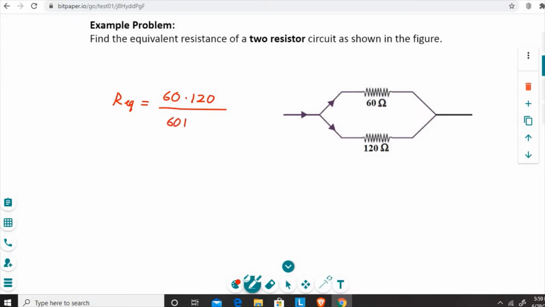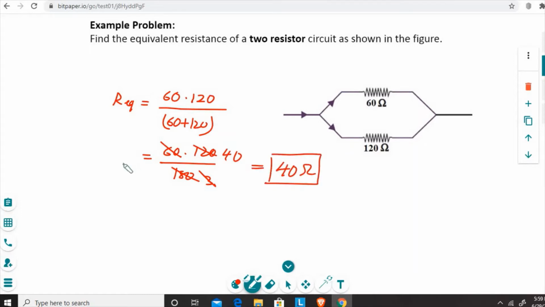So 60 plus 120. Then you can simplify this further. 60 times 120, divided by the denominator, which would be 180. You can simplify this further and you will get 40. So the equivalent resistance would be 40 ohms.